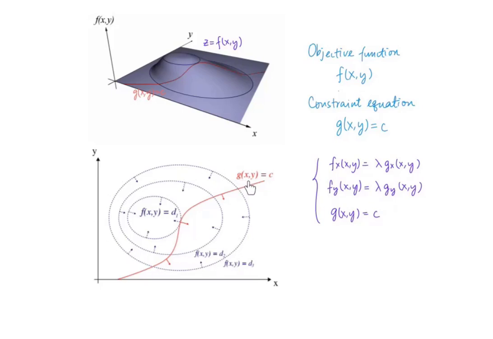If the curve g(x,y) = c crosses one level curve and then crosses another level curve, it means that when we walk along the mountain path, we are experiencing an increase or decrease in the height of the mountain.